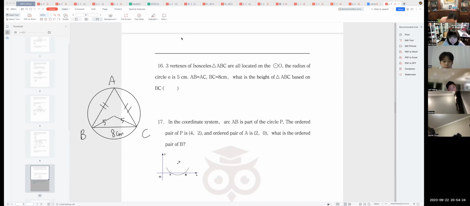What is the height of ABC? 小朋友们，老师已经帮你把画出来了，我觉得这个题目你们应该可以自己做一下试试看，好不好？Okay, try to do it yourself. Okay, very good. Thank you, Ollie.